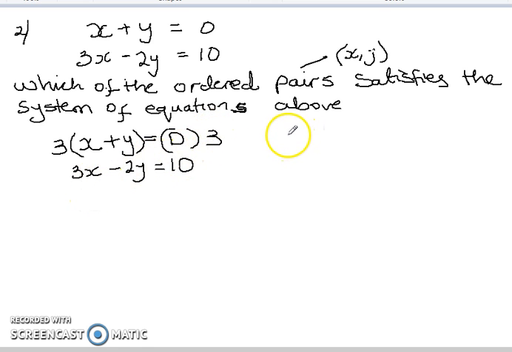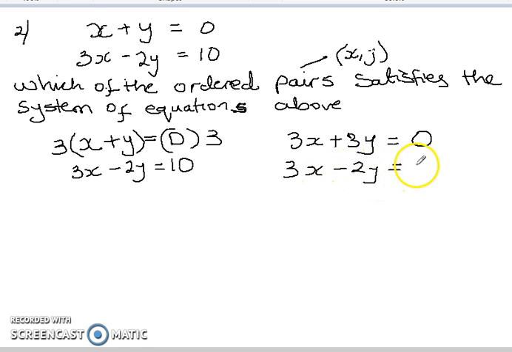So that will give us 3x plus 3y is equal to, of course, 0 times 3 is 0. And the second equation, just as it was given, 3x minus 2y is equal to 10.